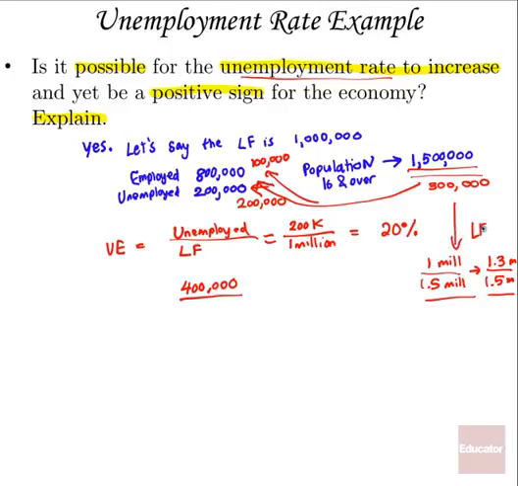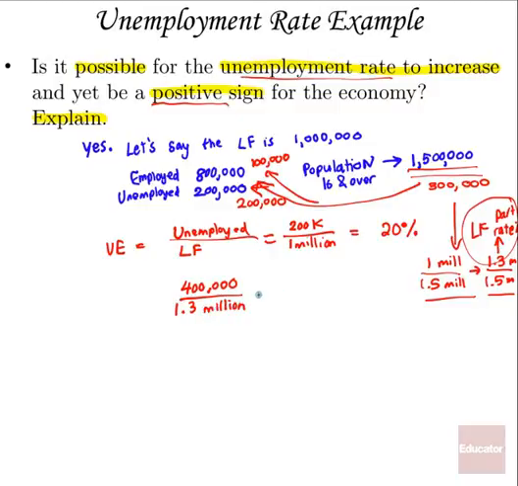But is it also a positive sign for the unemployment rate to increase? Clearly, the unemployment rate went to 400,000, but now you add to the denominator, you have 1.3 million.